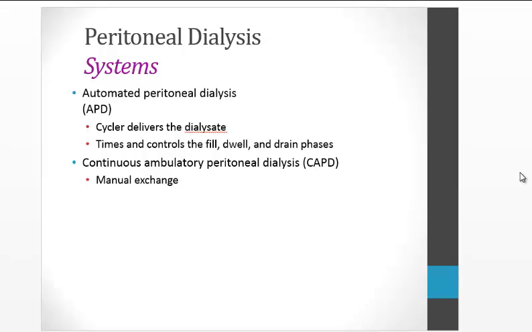They control how long it dwells in their peritoneal cavity, and they control the drain phases, or when it's time to empty out the peritoneal dialysis. So automated peritoneal dialysis delivers everything based on the machine. The machine controls the time, the fill, the dwell, and the drain phases. The only difference is that with continuous ambulatory peritoneal dialysis, the patient controls all of it, and it's a manual exchange.